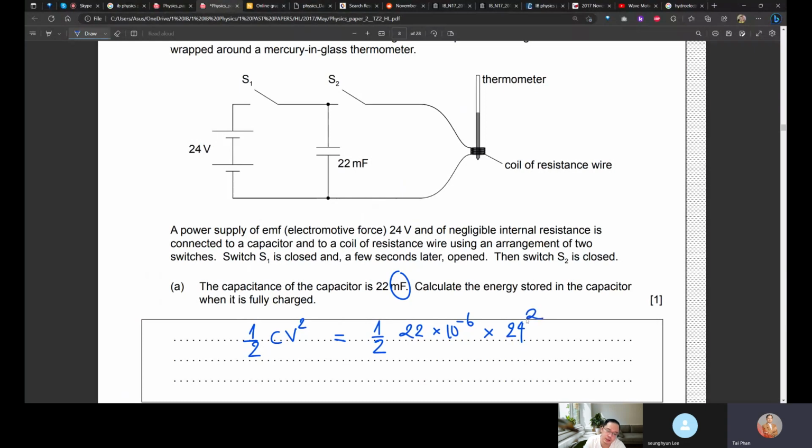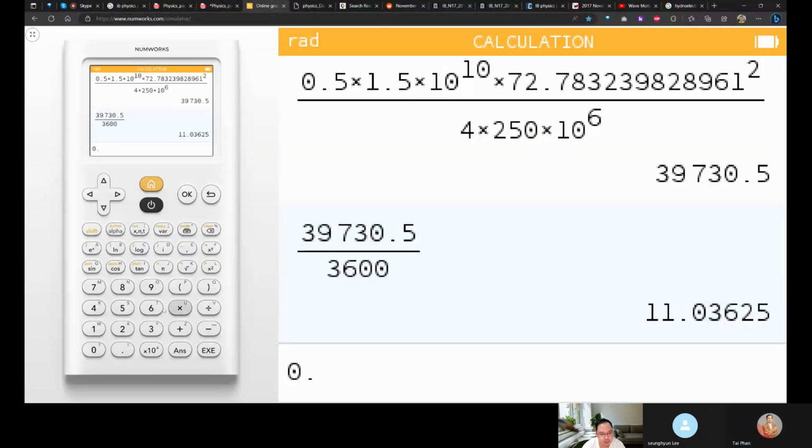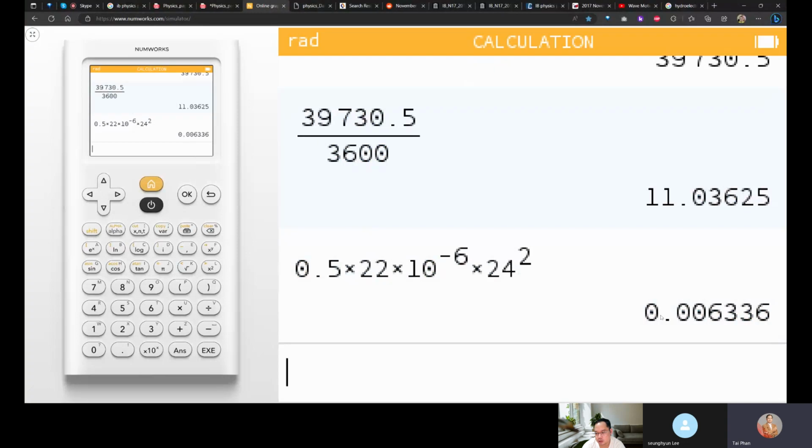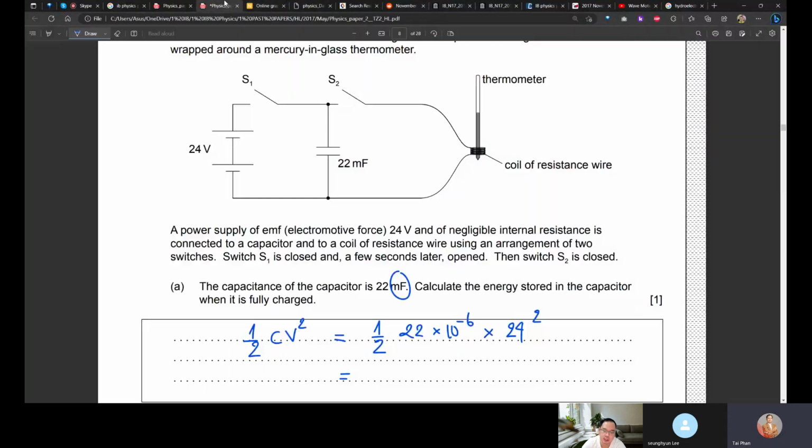Okay, 24 squared here, and we get the final result. 1/2 of 22 converted to farad, and 24 squared. 0.06, or I can write 6.3 times 10 to the negative 4 joule.